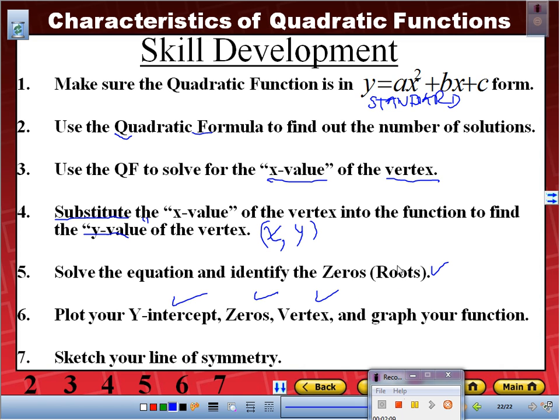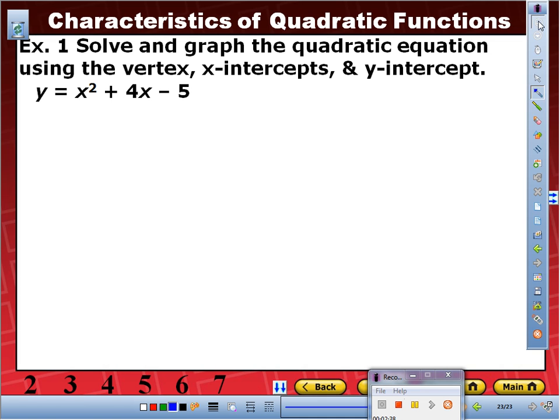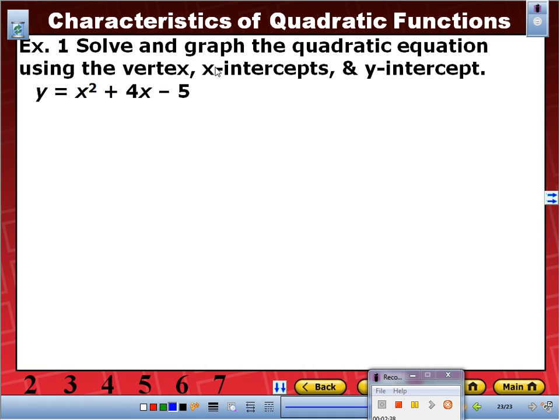On your big graph paper, please, get that in front of you, top left. I want you to write this example down, example number 1. It says, solve and graph. You don't have to write the quadratic equations. We know we're already doing that. Solve and graph using the vertex, x-intercepts, and y-intercepts.